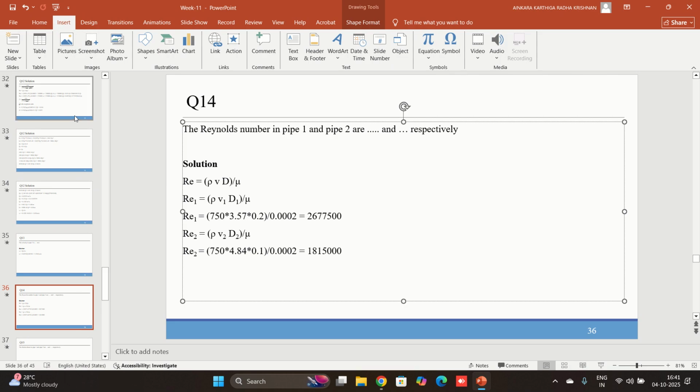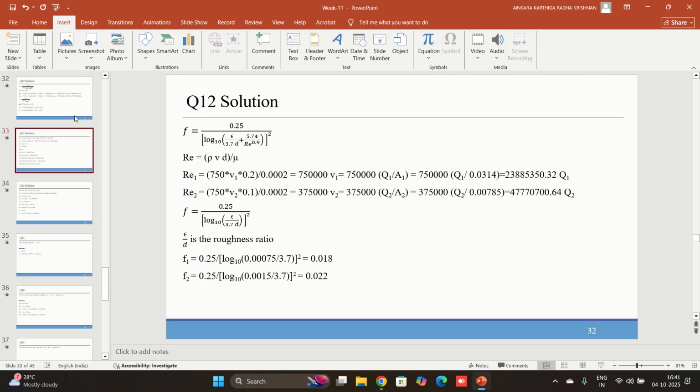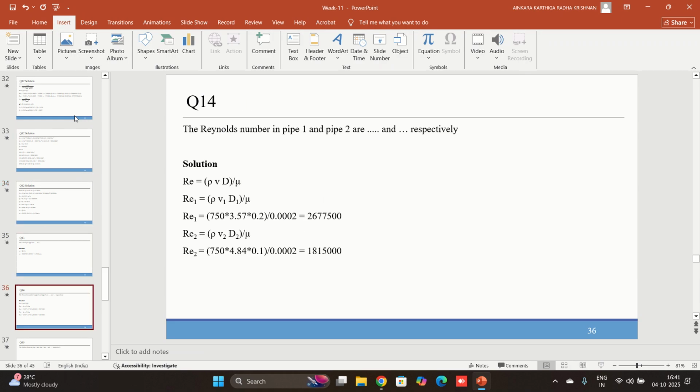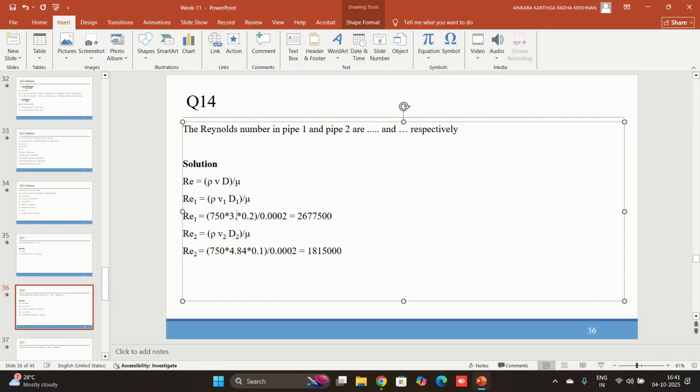So 3.8, what was that? 3.828. So we can just substitute 3.828, and here we can write this particular value. 750 into 3.828 into 0.2 divided by 0.0002.